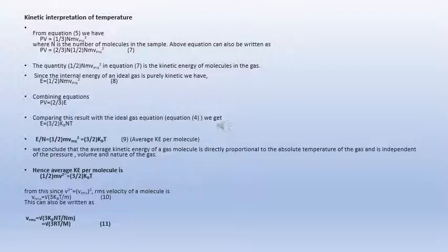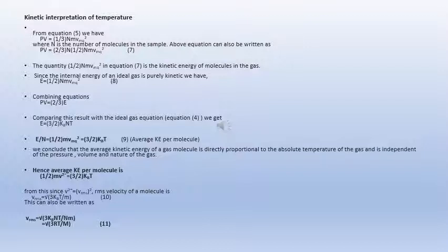If we compare this equation with the ideal gas equation, that is PV is equal to nRT or PV is equal to N kT, we get the equation as E is equal to 3 by 2 kB N T, where k is the Boltzmann constant.